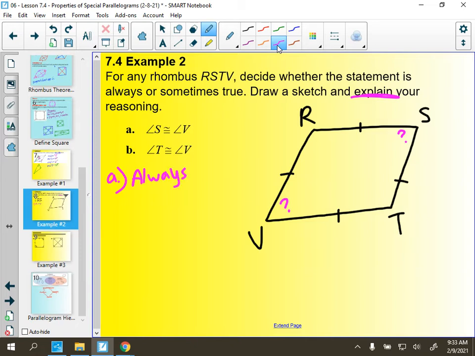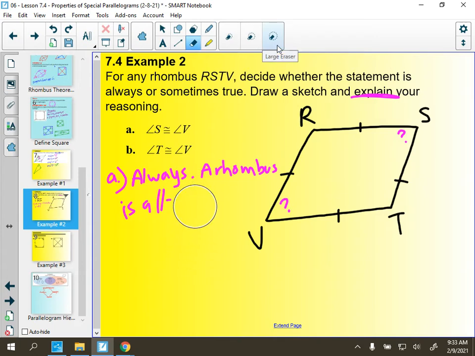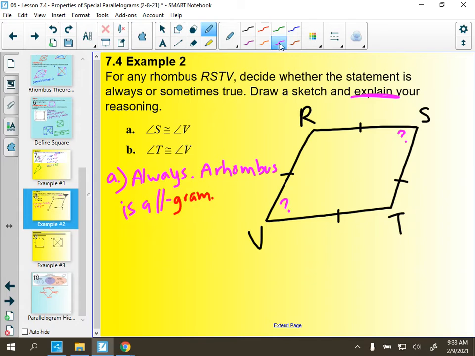But why? So I think we need to say something about a rhombus is a parallelogram. By definition, we don't have to say that. That's how we define a rhombus.